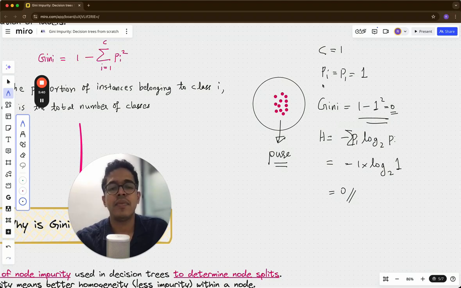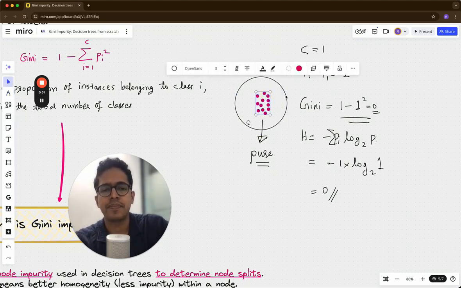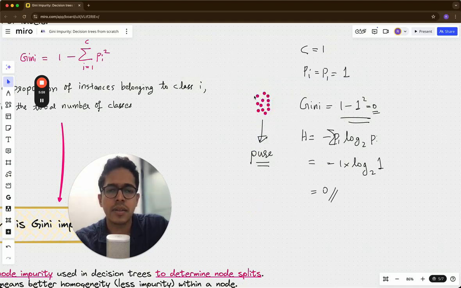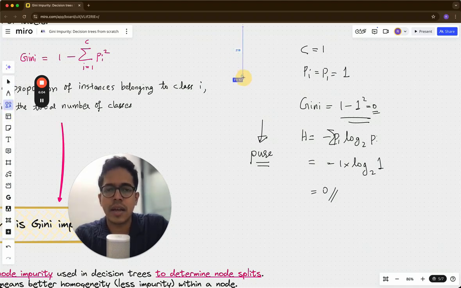Now imagine the worst possible leaf. The worst possible leaf will have a lot of data, and every individual data point will be a separate class. So I just wanted to put some circles in different colors.